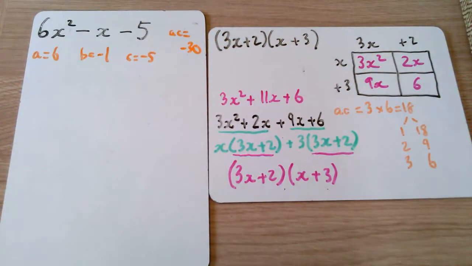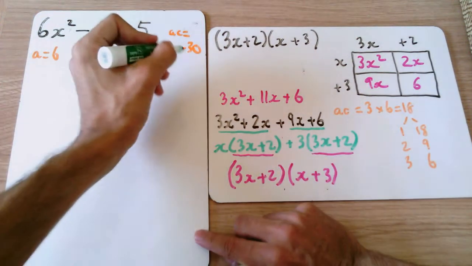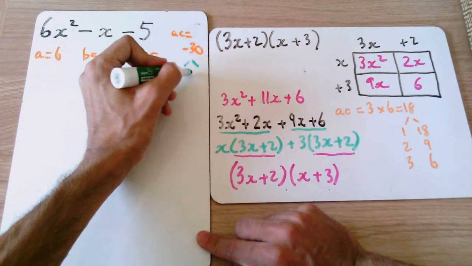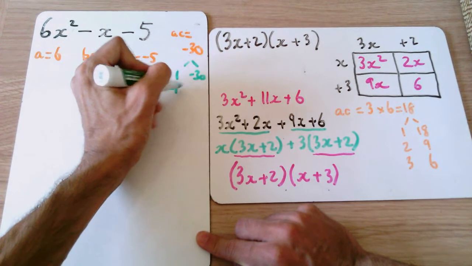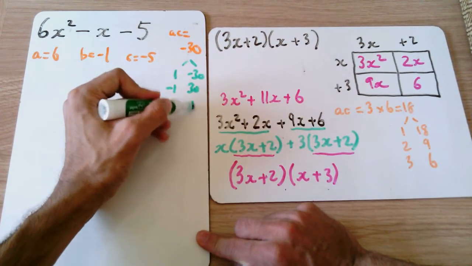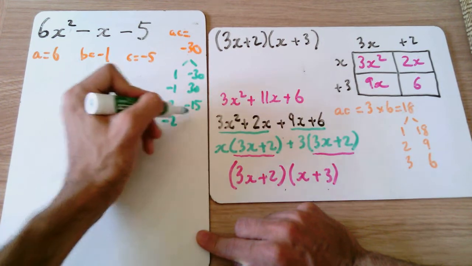Now, when you're multiplying two values together and you want the result to be negative, one has to be positive and one has to be negative. So actually here we have a lot of different combinations that we can get. For AC, we could say 1 and minus 30, minus 1 and 30, 2 and minus 15, or minus 2 and 15.